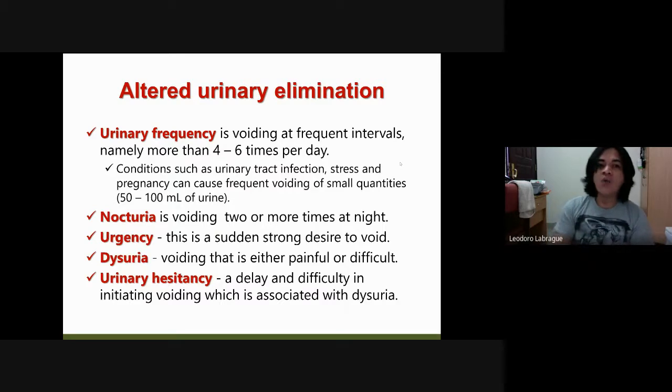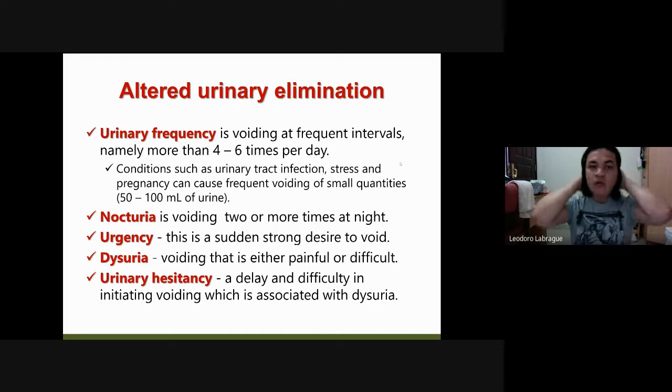Okay, how about urinary frequency? What is urinary frequency? It is voiding at frequent intervals, namely more than 4 to 6 times per day. Now, ask yourself, how frequently do you go to the bathroom to urinate? Of course, it depends on your fluid intake.